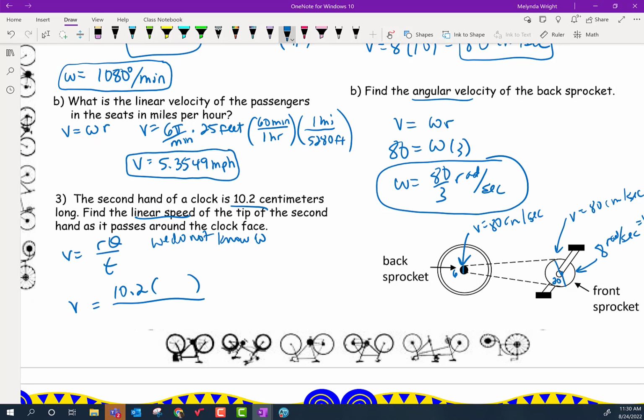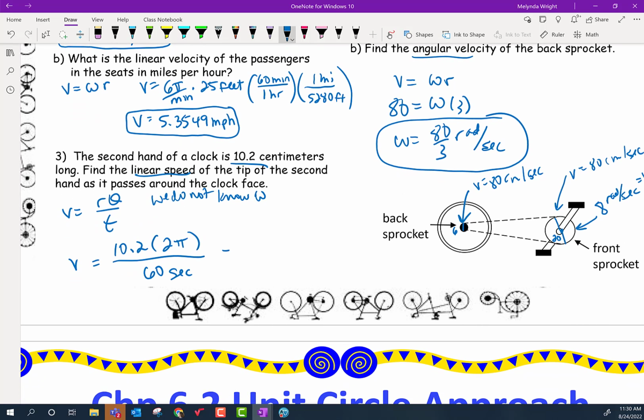The second hand goes one time around in 60 seconds. Let's think about the angle measure. If it's going one time around, how many angles does it pass through? 2 pi. So then we just put it in our calculator and we get 1.068 centimeters per second.